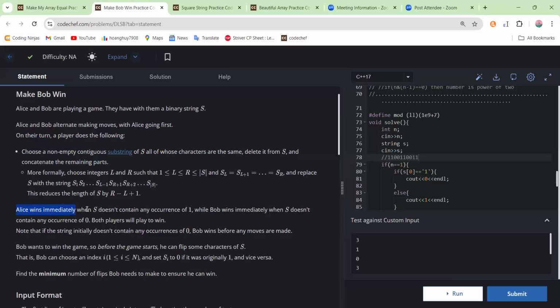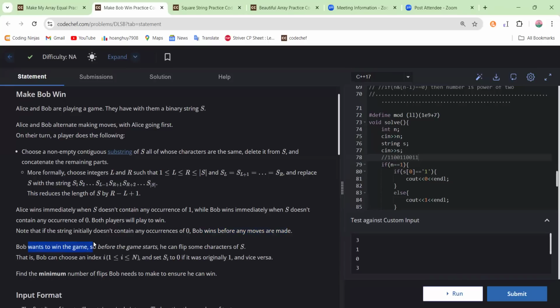Alice wins immediately when S does not contain any occurrence of 1, while Bob wins immediately when S does not contain any occurrence of 0, and both players will play to win. So just note down that if the string initially does not contain any occurrence of 0, Bob automatically wins, because for Bob, the winning condition is when the string does not contain any occurrence of 0.